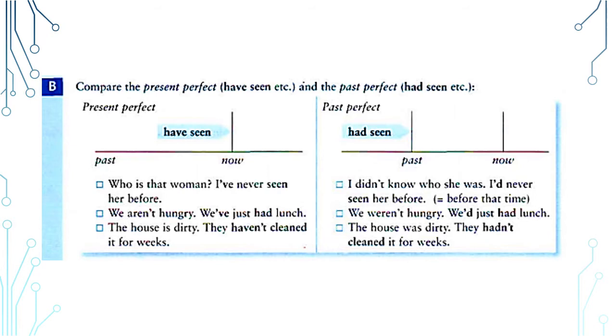It is still dirty. It is about now. The house was dirty. They hadn't cleaned it for weeks. That is related to an action that happened in the past, connected with a past moment.